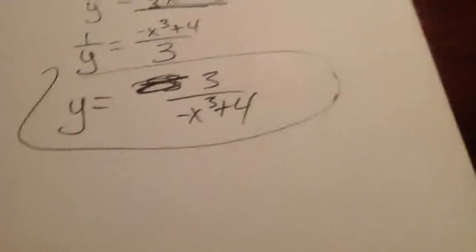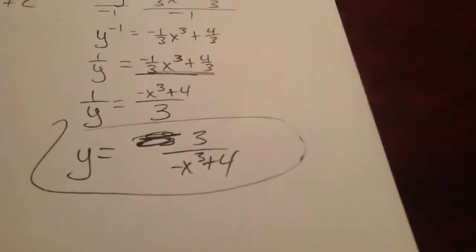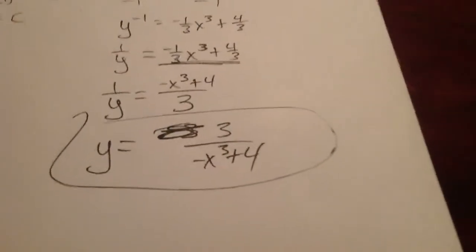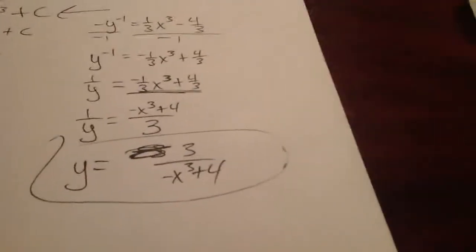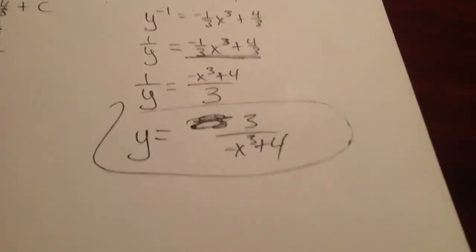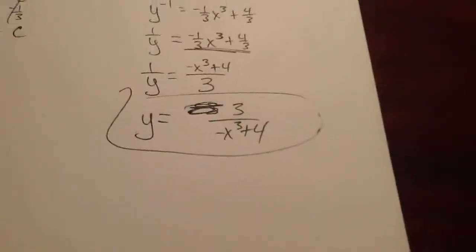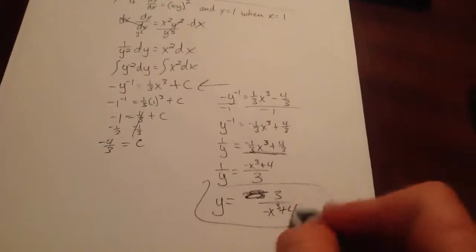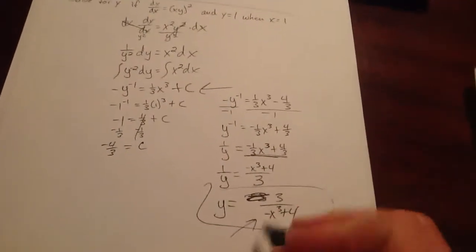And I think the directions also say, indicate the domain over which the solution is valid. So the domain over which the solution is valid, that's kind of a weird thing. All you have to do is think, where is this continuous?